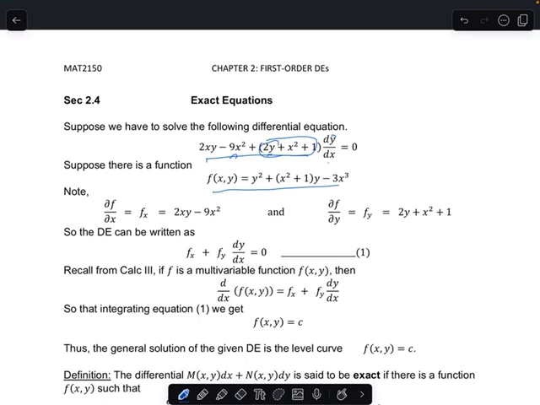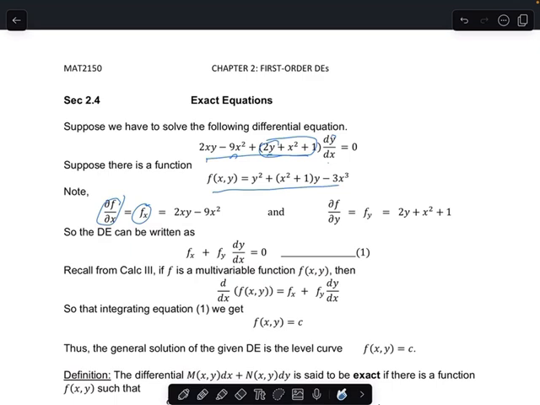So when we take the partial derivative of this function with respect to x, the notation for the partial derivative is given here. If you recall from Calc 3, that is partial differentiation, where we consider the other variable to be constant.